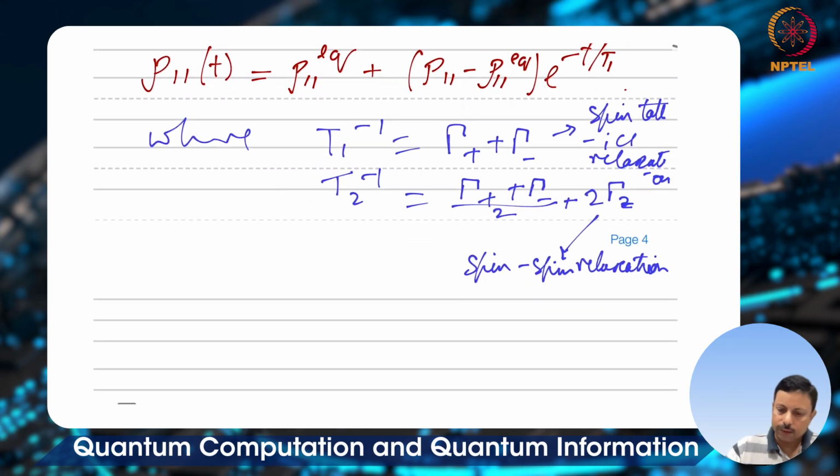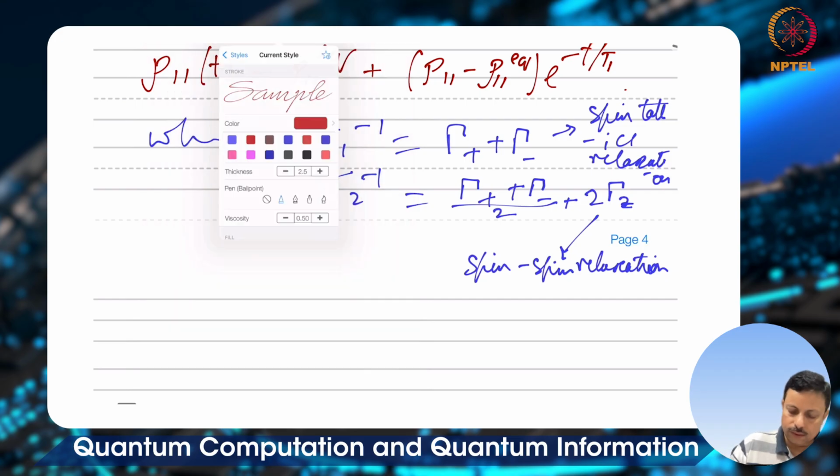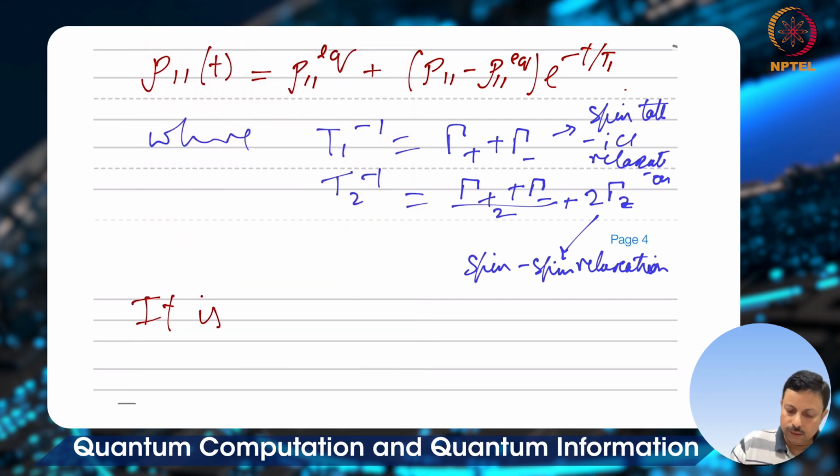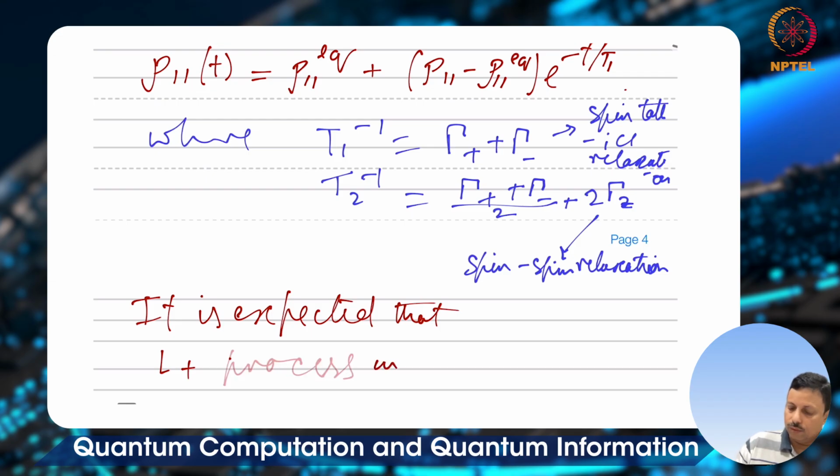Now it is expected that the L plus process involves emission of RF photons, where RF is radio frequency.